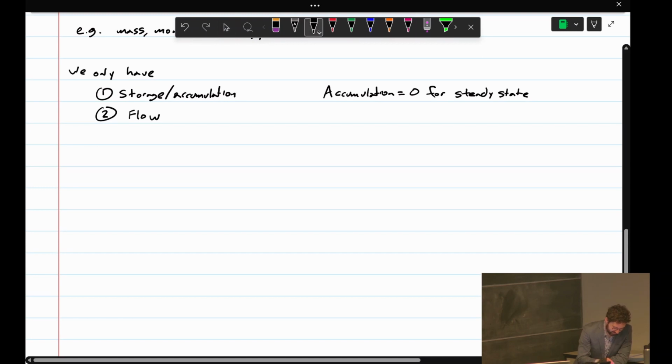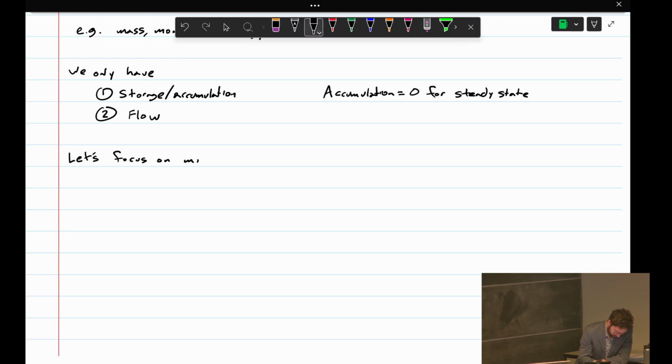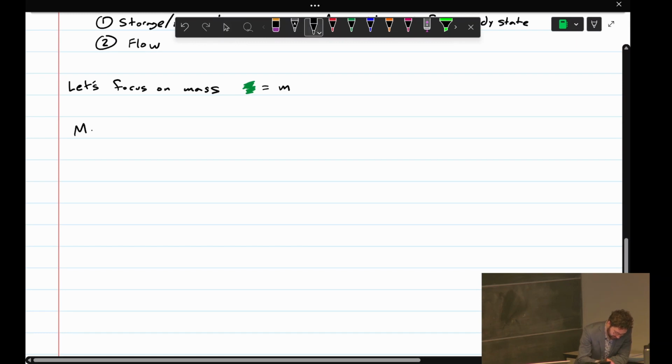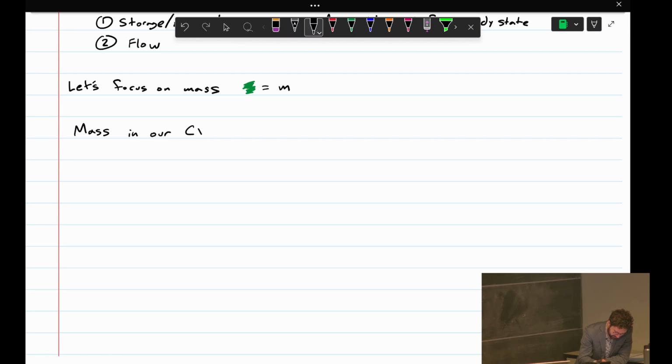So this lecture is about mass conservation, so let's focus on mass. That means our green thing in the above is equal to mass. So the mass in our CV, mass is density times volume.